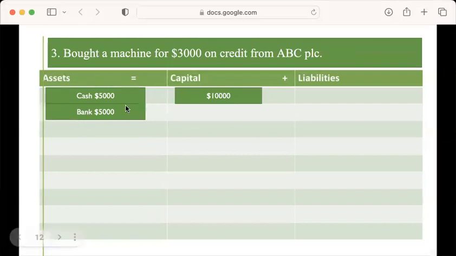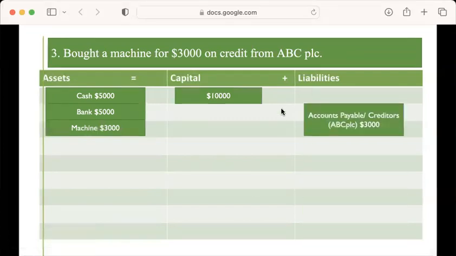When we buy a machine worth 3,000, we are receiving a machine for 3,000, but we are not paying cash. We are buying it on credit from ABC PLC. When we buy something on credit, we receive the product, but we owe that person the money. So we owe ABC PLC, which is our liability. We call it accounts payable or creditors, 3,000.